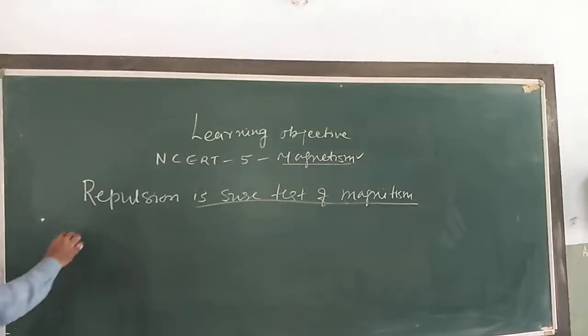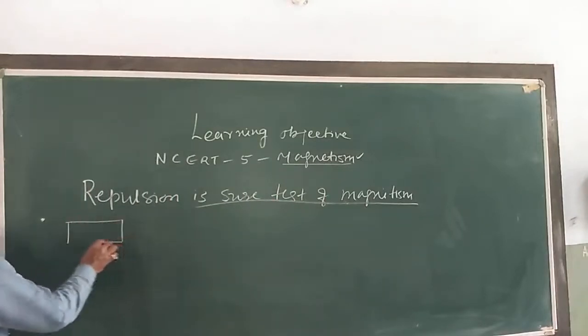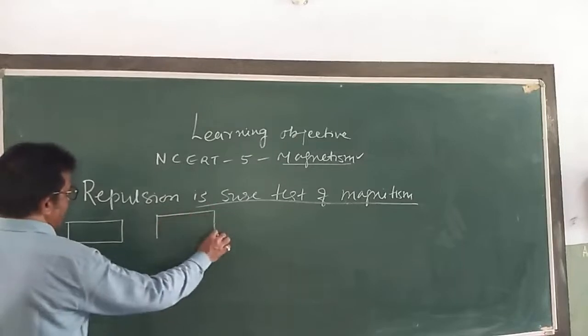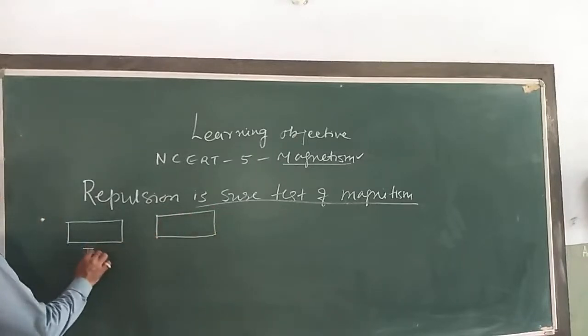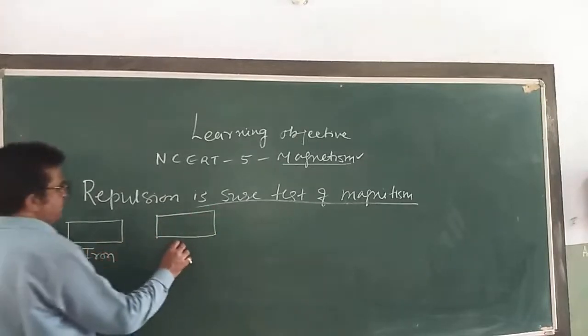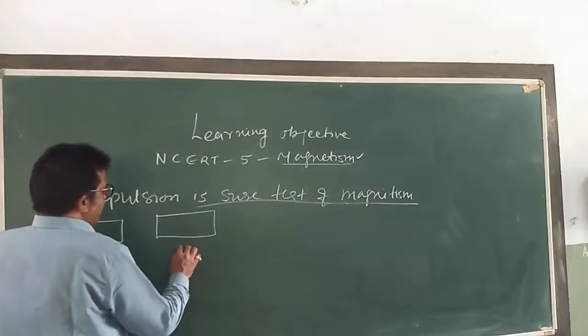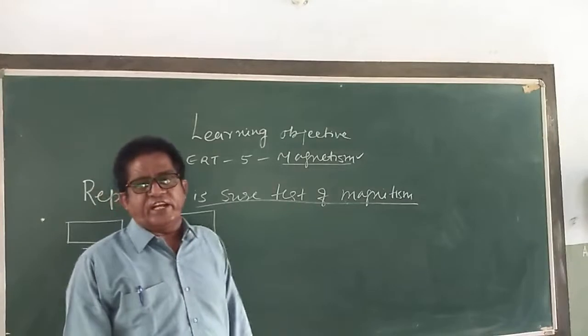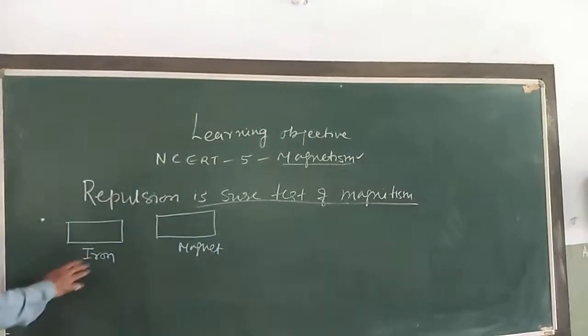Suppose we have two identical pieces. One is this one, say it is iron, and another one is this bar magnet. We are taking the same length, same size. Two things we are taking here, one is iron and another is magnet.